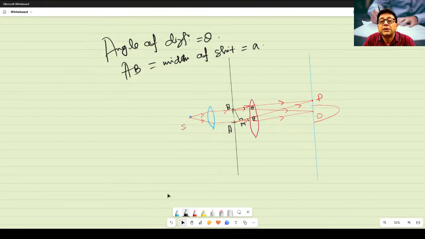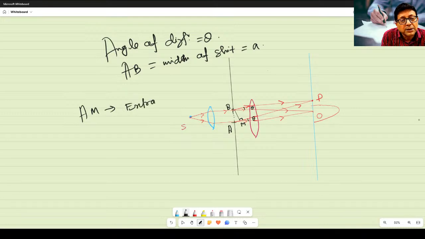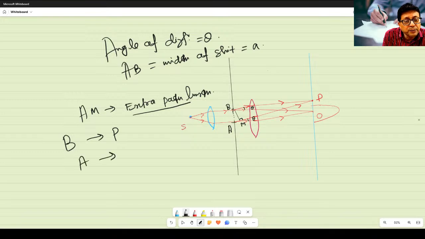But from A to P, light has traveled some extra path length equal to AM. So AM stands for what? This is the extra path length. If we have drawn a perpendicular from B to the direction of AP, we get this extra length, which is the path difference.